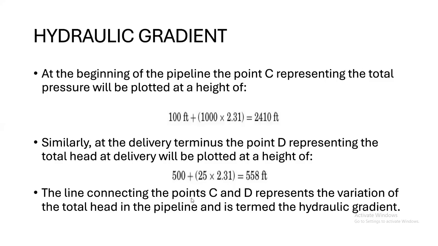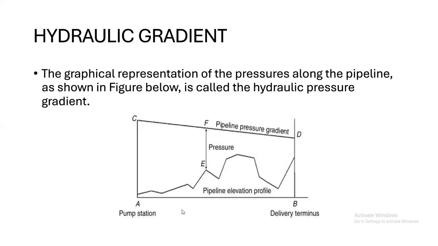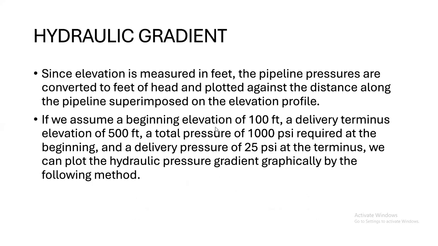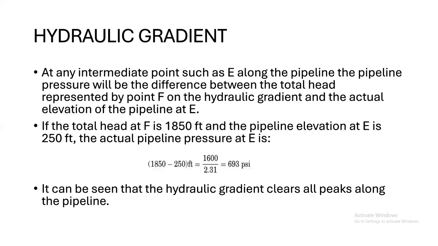The line connecting the points C and D represents the variation of the total head in the pipeline and is termed the hydraulic gradient. So this is C, you got that value, plot it here, you got the value, so it represents the hydraulic gradient. All right.